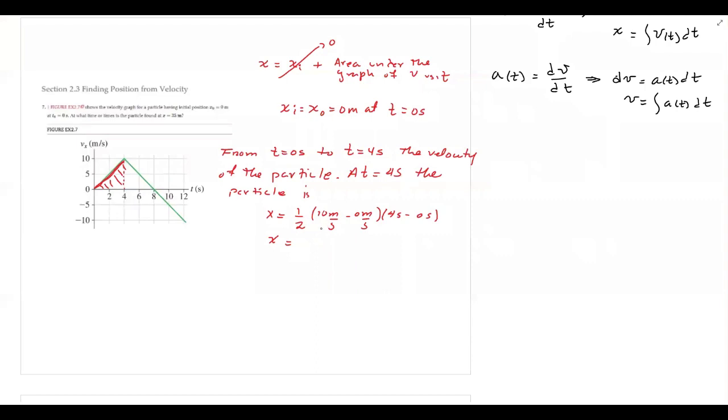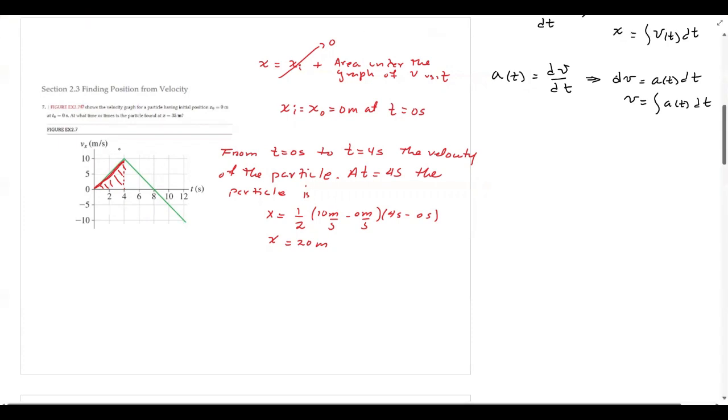So what is this going to be? This would be 20 meters. So the particle is 20 meters away from the starting point, okay? Now, what happens after that?